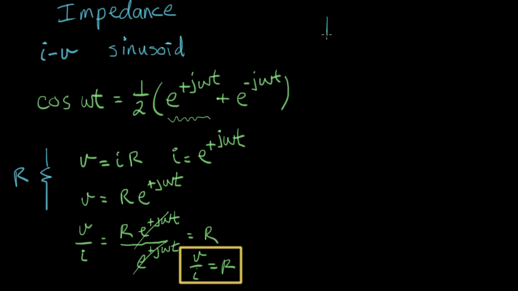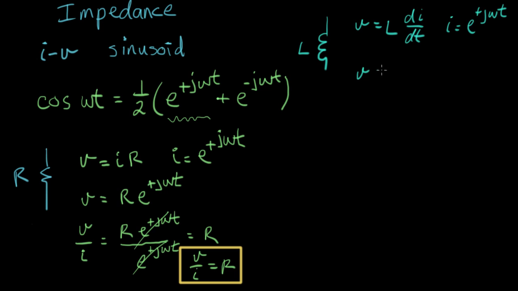So let's do an inductor. It has a value of L henries. And for an inductor, we know that voltage equals L di/dt. Let's do the same thing again. Let I equal e to the plus j omega t. So it's a complex exponential current that we're forcing through our inductor. Let's work out what V is.